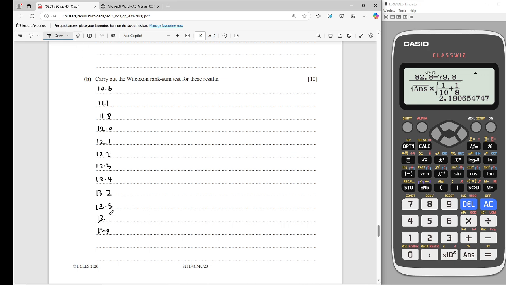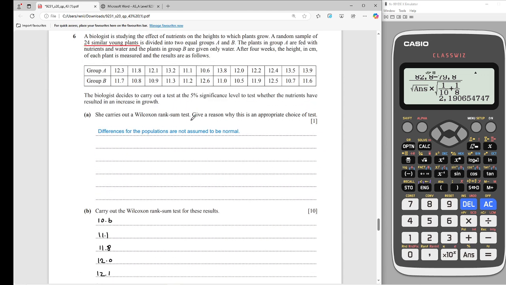Okay, so I have arranged the first part in ascending order. Now the next part also needs to be in ascending order.